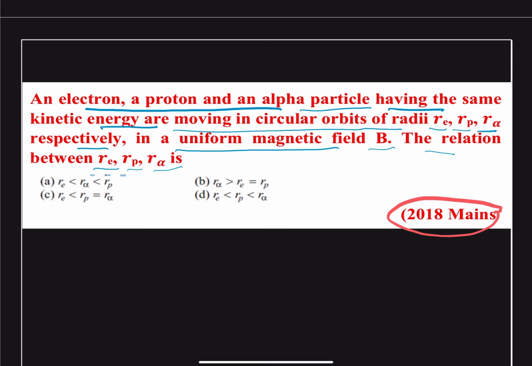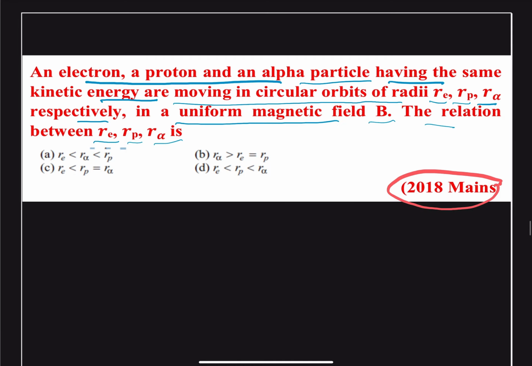So here we are given where R is the radius, and the standard formula for the radius we know is R equal to mv divided by qB, and it is given that they have the same kinetic energy.